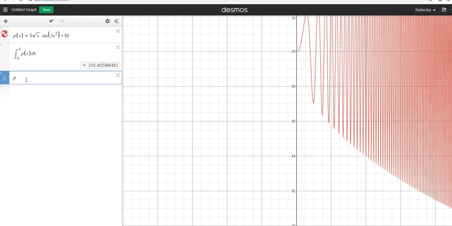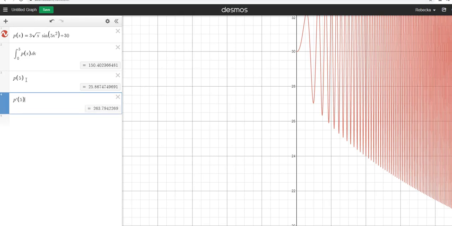The next thing it asked us to compute was p of 5. And the last thing was p prime of 5. Okay? So Desmos got all 3 of those values for us.